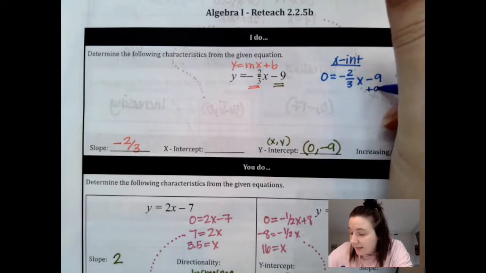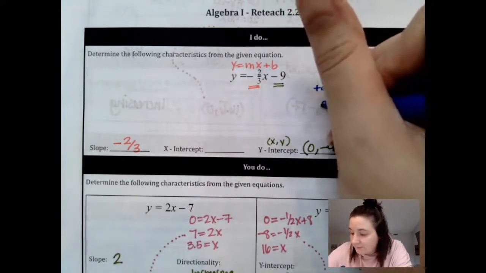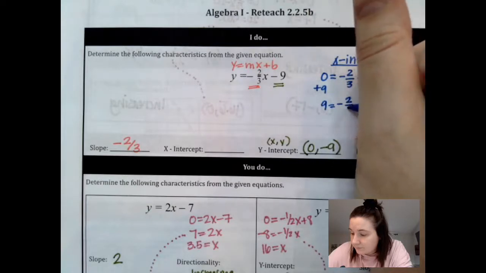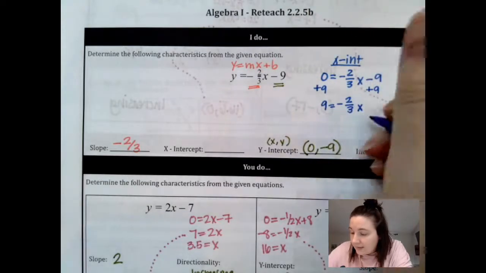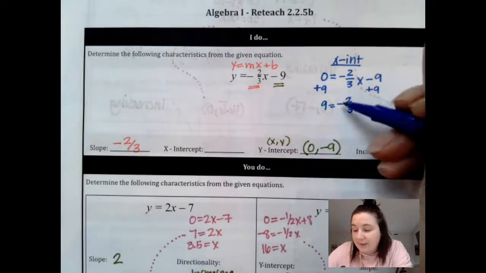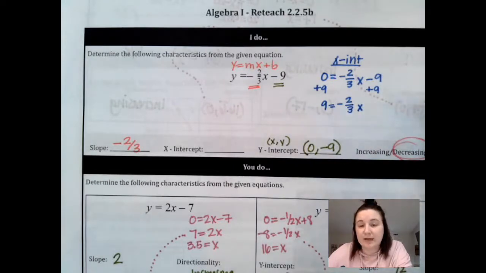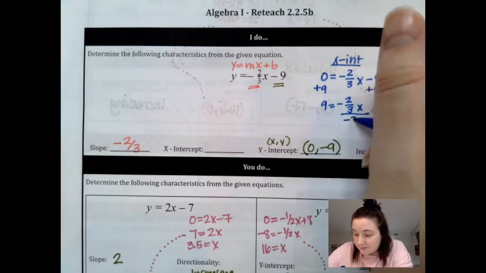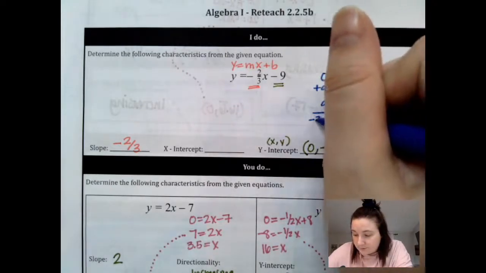So I'm going to add 9 to both sides. And then I'm going to either divide by negative 2/3 on both sides or multiply by the reciprocal. It's up to you. I'm going to just divide by negative 2/3.